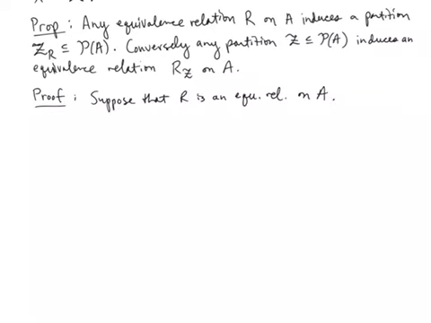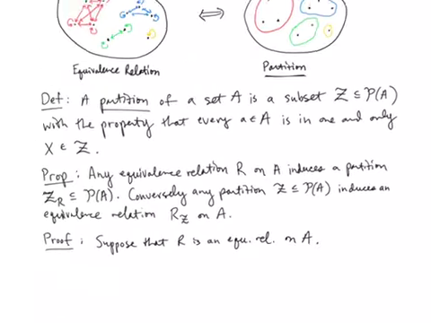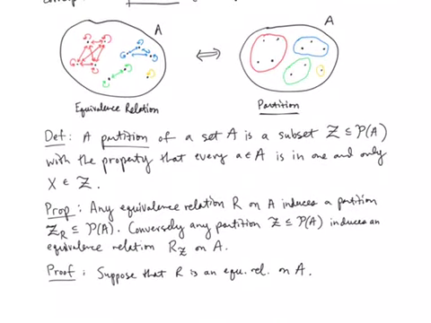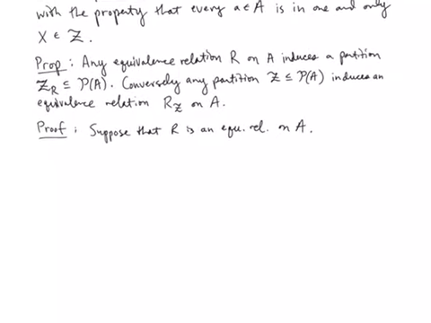So we have an equivalence relation on A, and what we want to do is define a partition of our set A. So we have to define a bunch of subsets of our set A. And well, what's the picture say? The picture says when you have an equivalence relation, your subsets are just going to be the equivalence classes, right? All the things that are equivalent to each other.